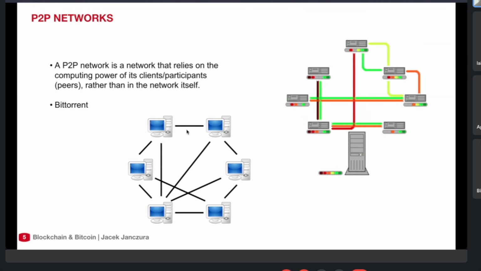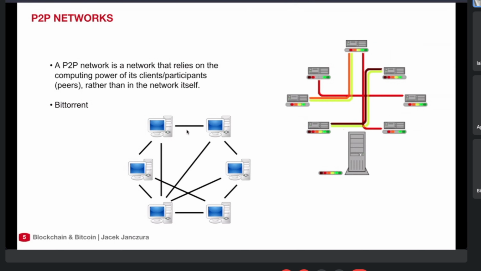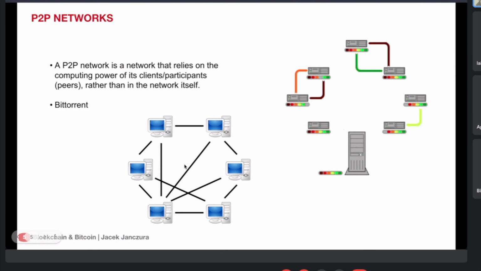That's why we use peers, because a peer can serve as a server and a client simultaneously. The best example of a peer-to-peer network is torrents. Whenever you own a piece of data, you share this data with other participants of the network, and in case you want to download a piece of data, you download different pieces from different computers, so it's faster.